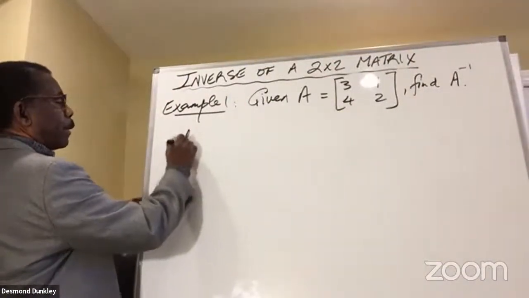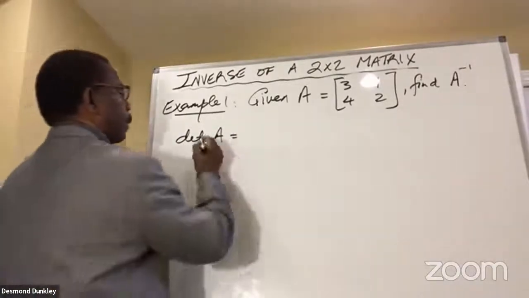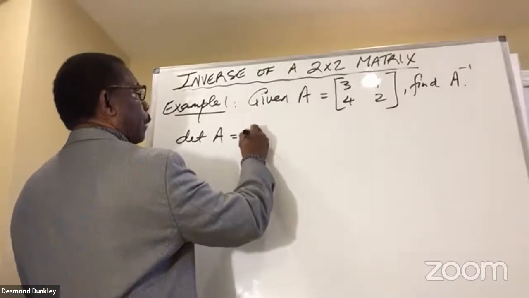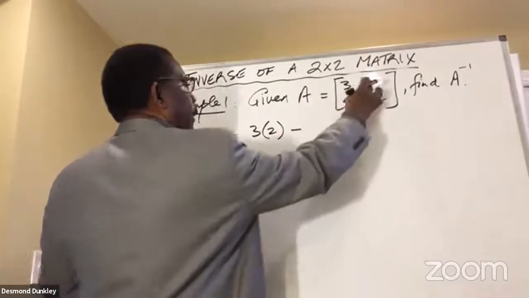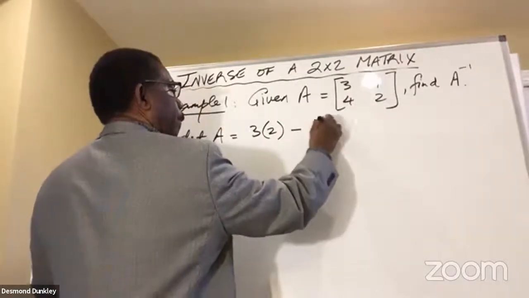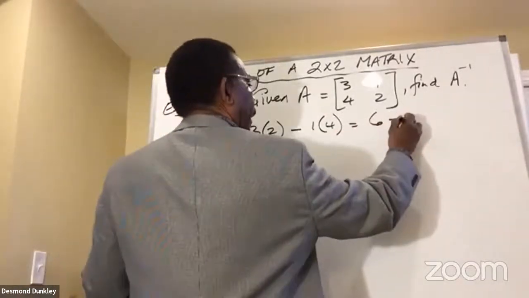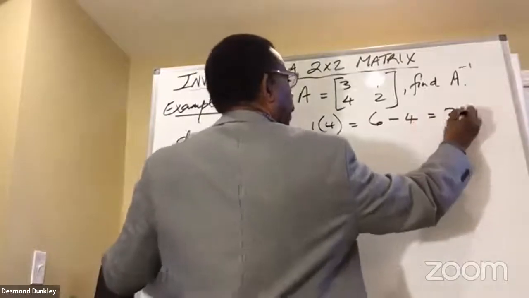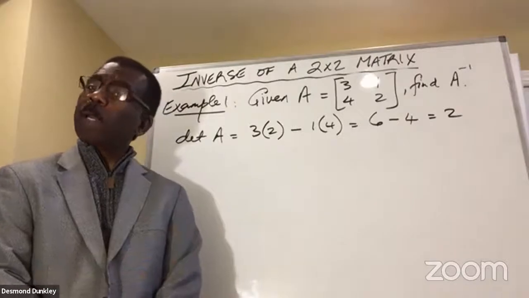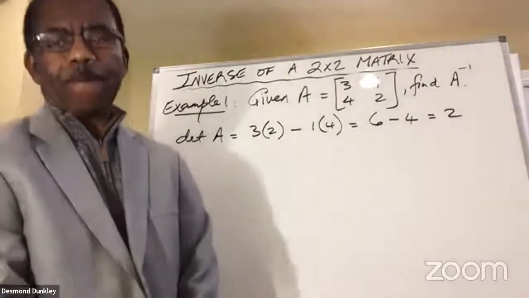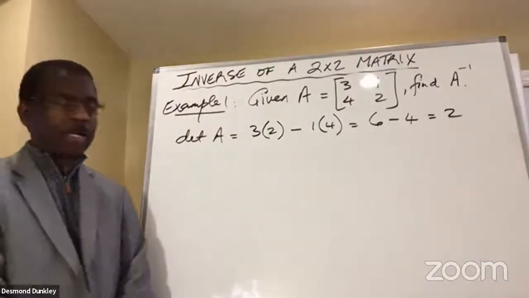First step is determinant of A. So determinant of A gives you 3 times 2, notice A times D, minus B times C. It's going to be 6 minus 4 equal to 2. So we got a determinant of 2. What does that mean? It means that the inverse does exist. Okay? So now we're ready to go to work.